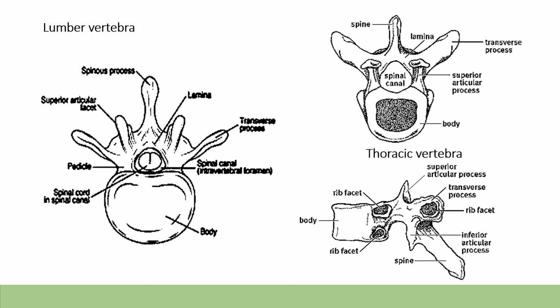First is the lumbar vertebra. This is the diagrammatic representation of the lumbar vertebra, where you can see the different parts, such as the body and spinous process. Here is also the thoracic vertebra. You can see the different parts of the thoracic vertebra in lateral and anterior views.